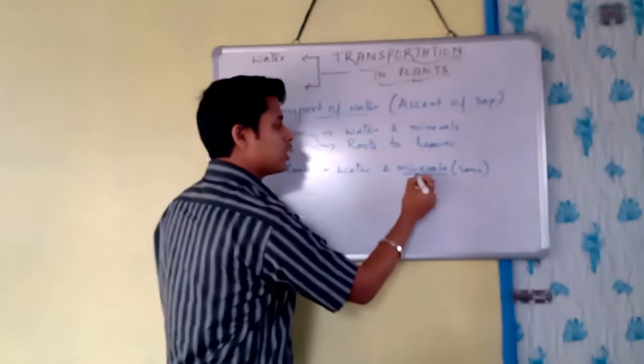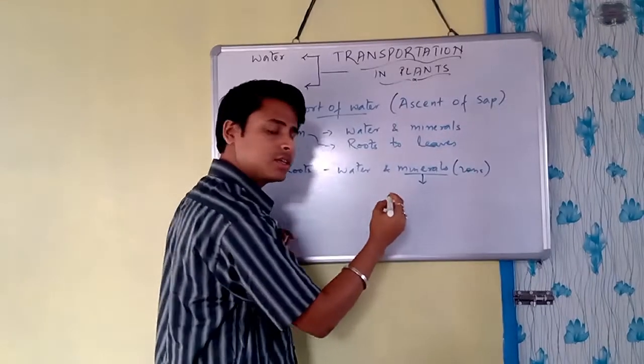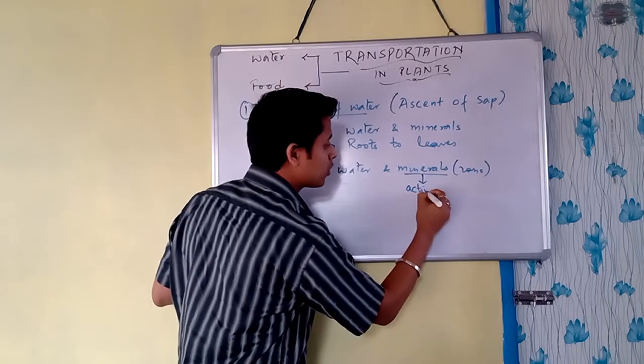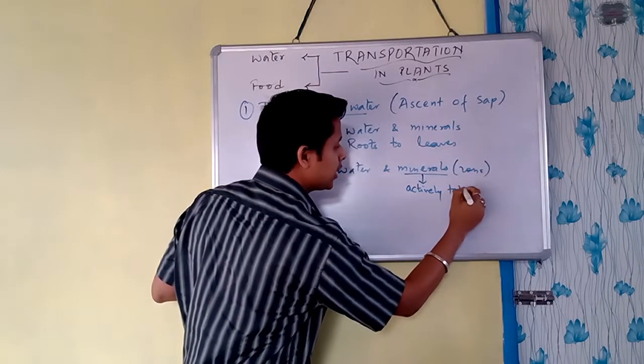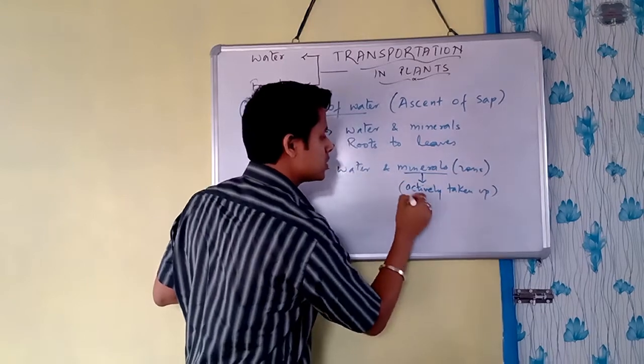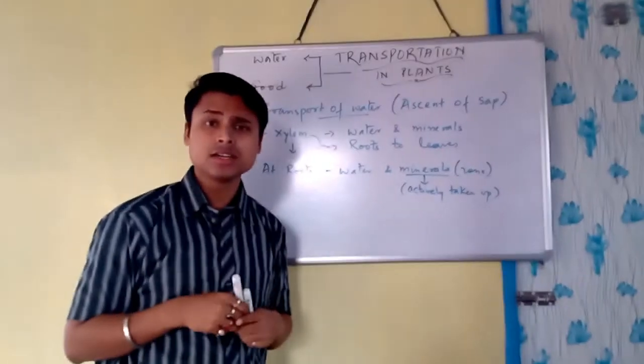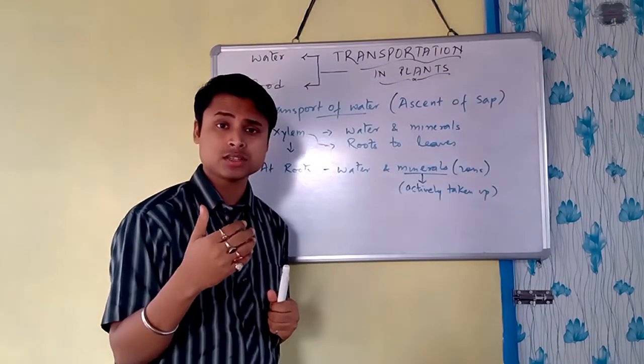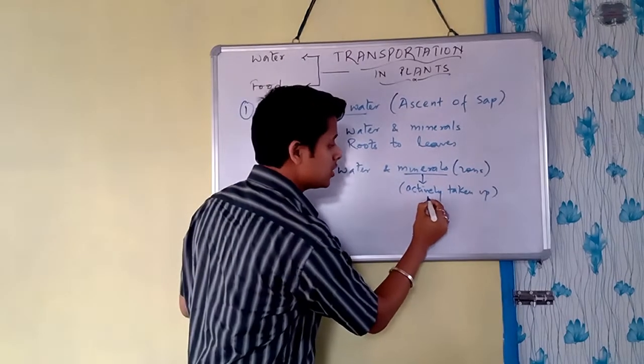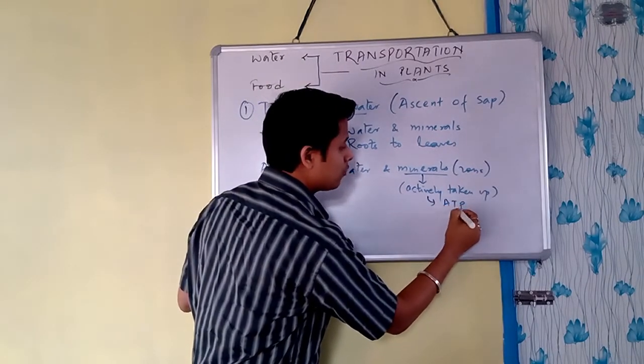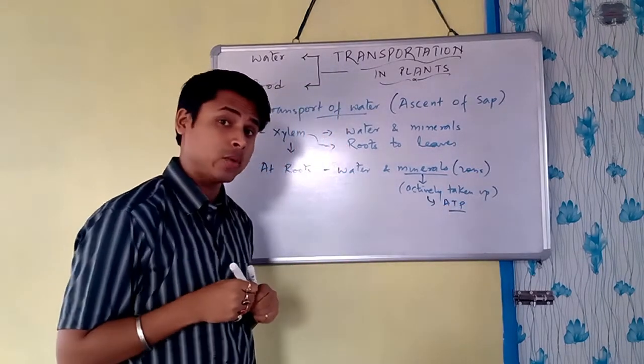Because of that, the plants actively take up the minerals. Active means here active transportation takes place, and active transportation is with the help of ATP. Energy is required, yes.